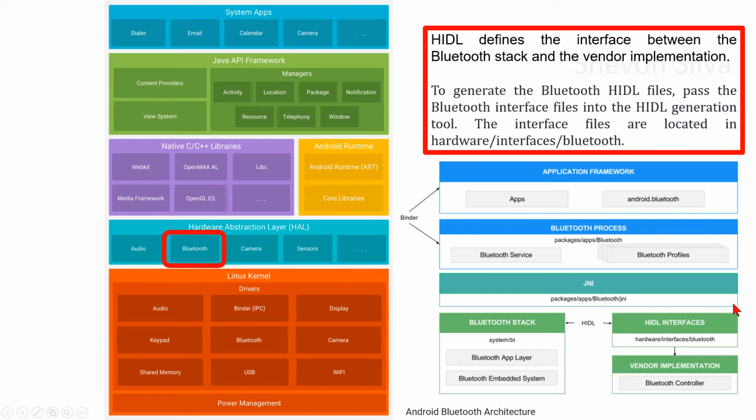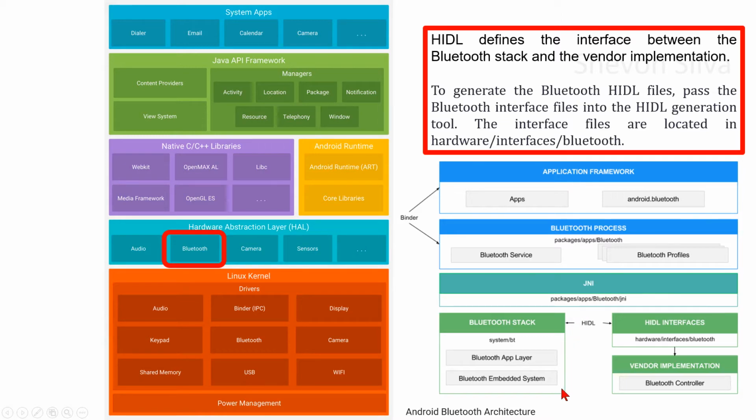JNI code. The JNI code associated with android.bluetooth is located in packages/apps/Bluetooth/jni. The JNI code calls into the Bluetooth stack when certain Bluetooth operations occur, such as when devices are discovered.